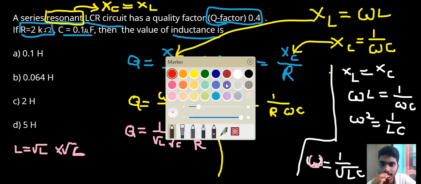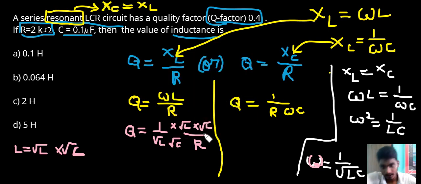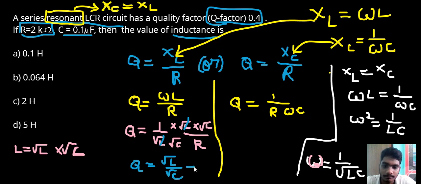Continuing the equation, in root LC, this root L gets cancelled, and the remaining thing is Q is equal to root of L by root of C into 1 by R. This is the remaining value here.